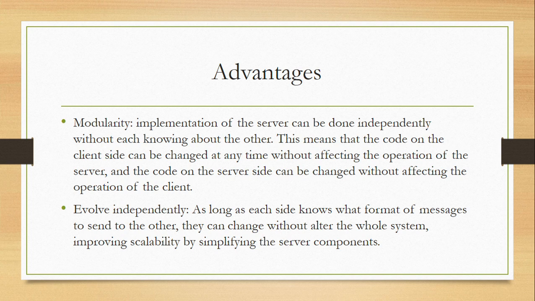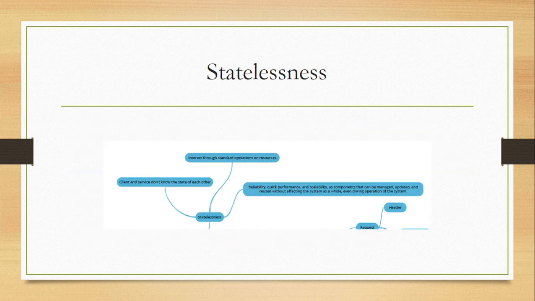If we know the server and client, the format of the message to send to the other allows us to change any data or information without altering the whole system, and that improves the scalability by simplifying the server components.